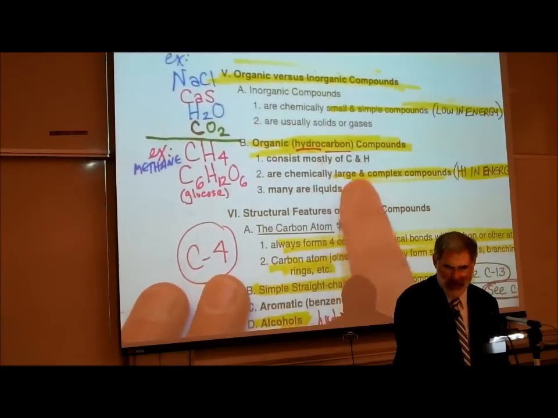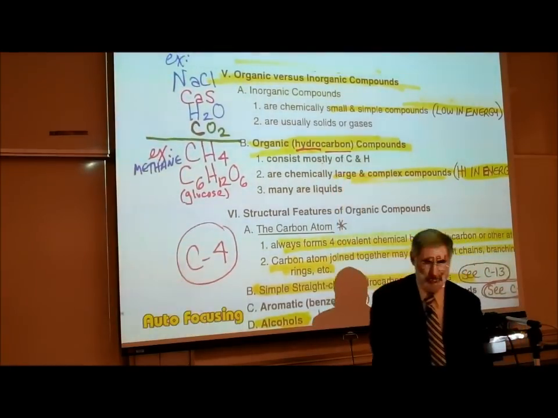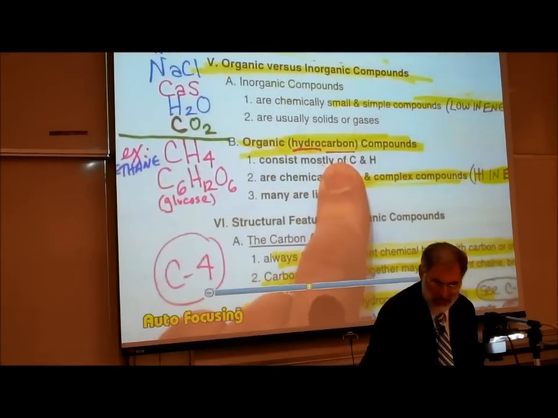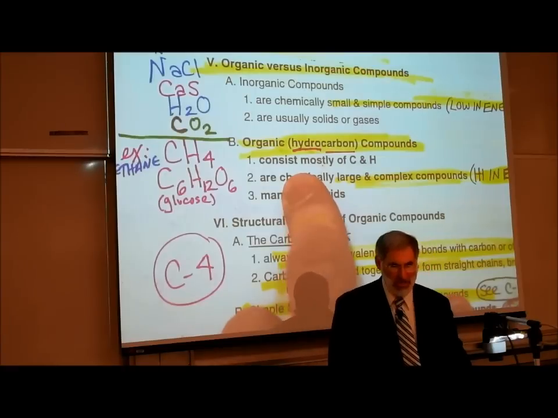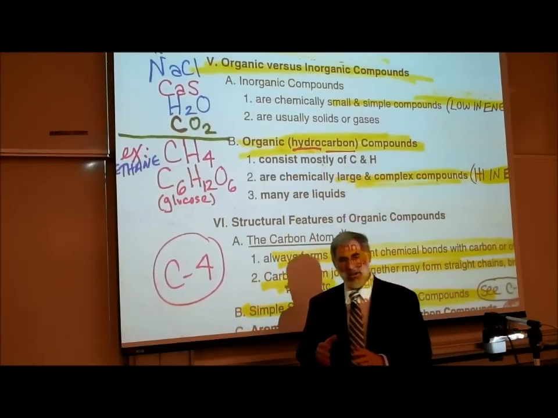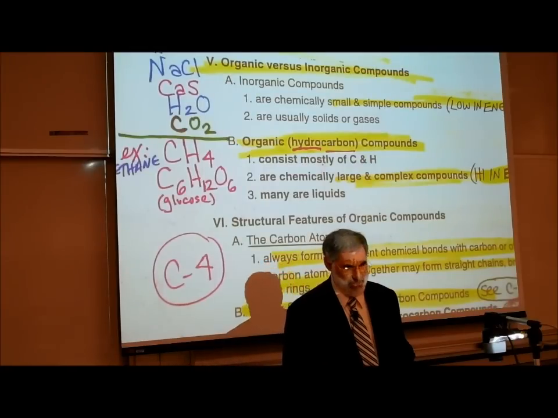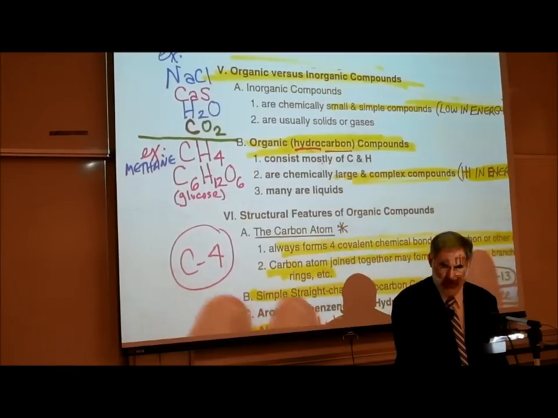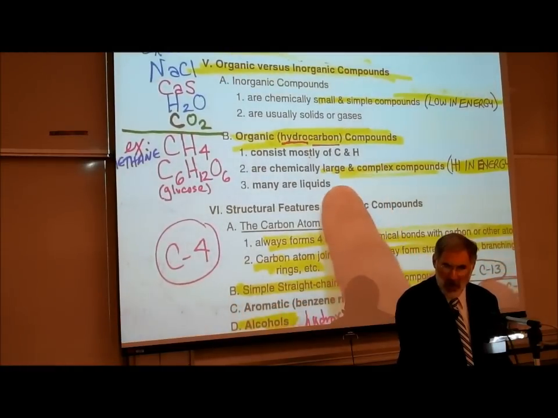What is the definition of an organic chemical? An organic chemical is also known as a hydrocarbon chemical because it's mostly made up of carbon and hydrogen. So organic and hydrocarbon mean the same thing. Now most organic compounds, most organic chemicals tend to be large and complex and high in energy.